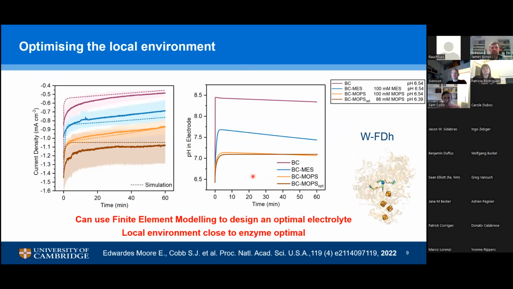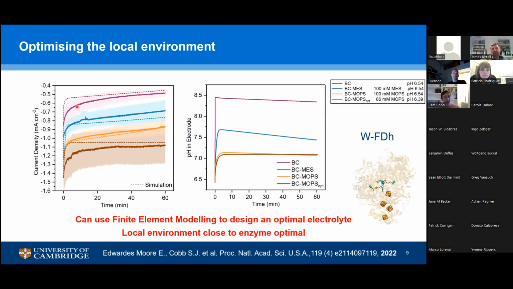So why do we care? Why is this useful? Well, if we can understand and model our local environment, we can then start to optimize it. And this is the first thing we did. We showed that by taking a buffer system that's only changing in pH and a few composition components, adding in different buffers, MES, MOPS, to our bicarbonate buffer, we can drastically increase our electrocatalytic activity.